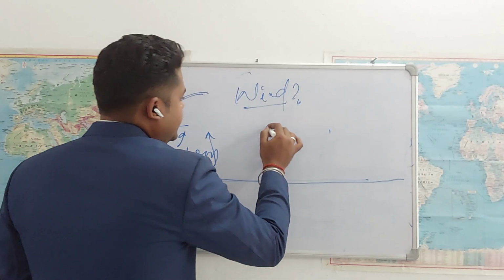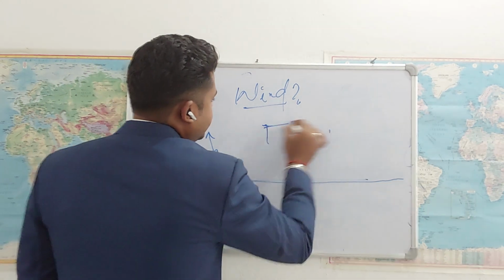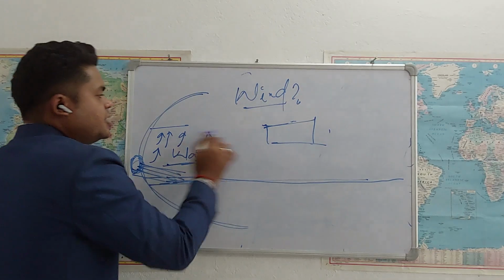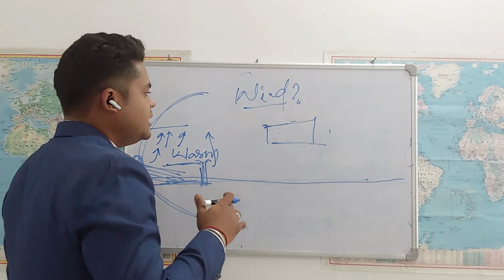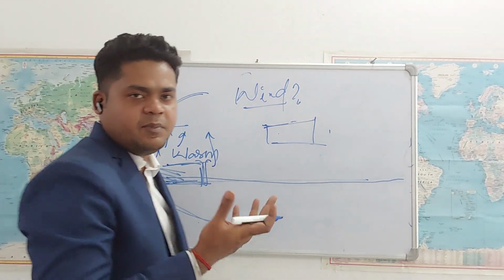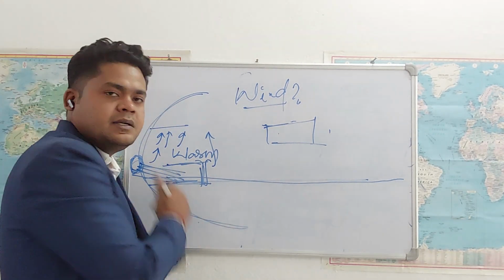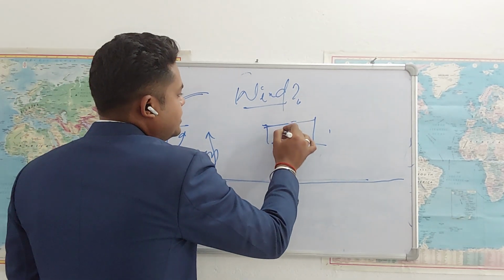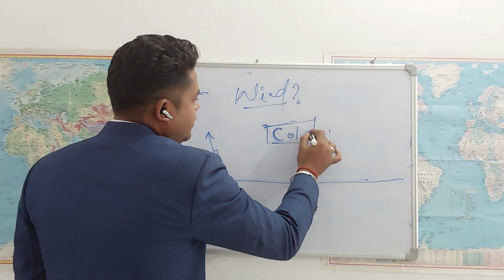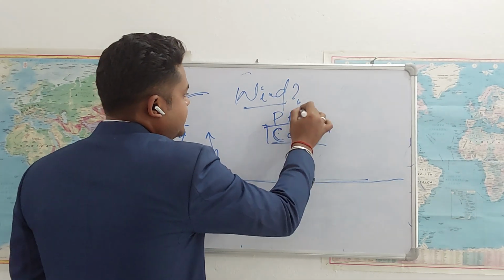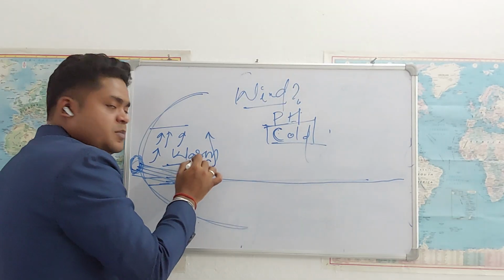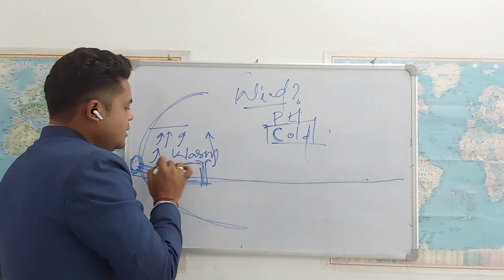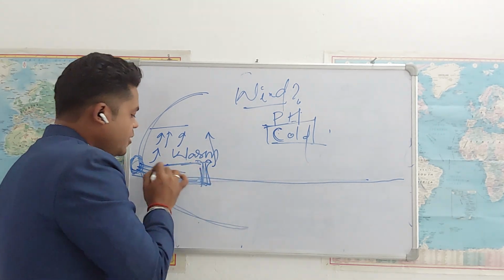And there is another area here, which is not in direct contact with the sun. So the temperature of this area will be less than the temperature of the other area. This area is cold, and the pressure is high here, and the pressure is low there because of warm air and warm surroundings.